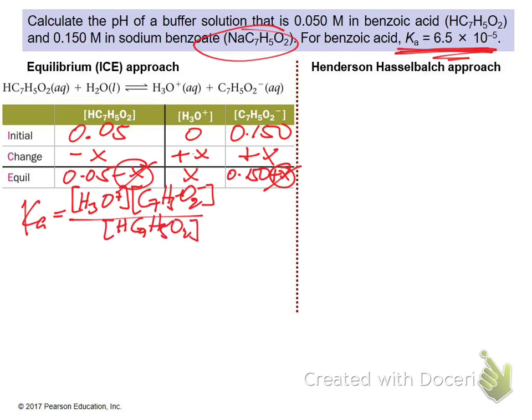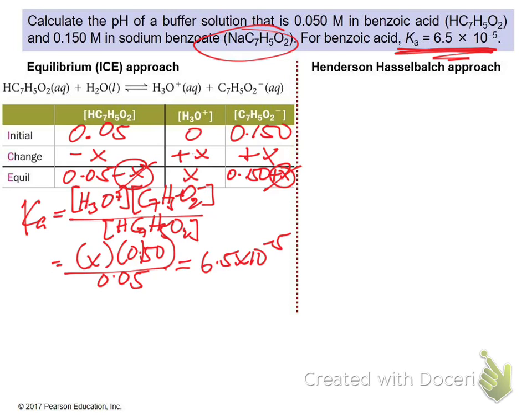So that would be x times 0.150 divided by 0.05. This is equivalent to the Ka of the acid, which is 6.5 times 10 to the negative 5.